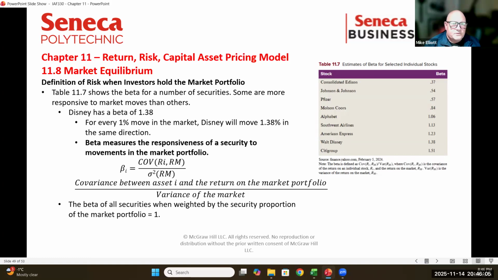The beta of all securities when weighted by the security proportion of the market portfolio. Oh, now I understand what I meant by that. If a portfolio is worth $100 and Consolidated Edison is $37 of that portfolio, then the beta is going to be 1. All of the betas in the portfolio are going to equal 1.